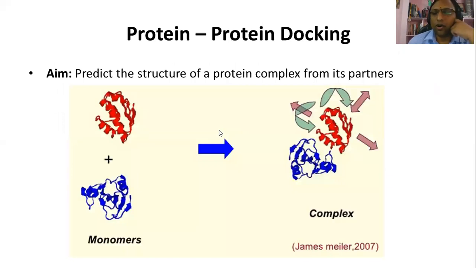We are going to speak about two different kinds of docking here. The first type is protein-protein docking. The second type is protein-ligand docking.